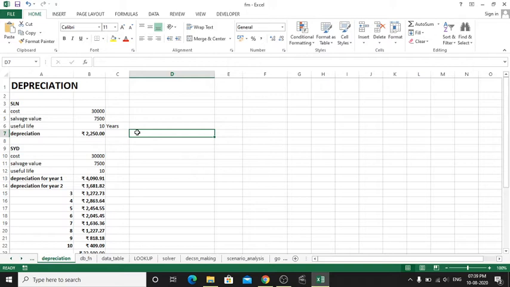Here what is calculated is actually the cost value minus the salvage value divided by the useful life. This is the same answer that we get when we used the SLN function, right? So this is the actual calculation of SLN.